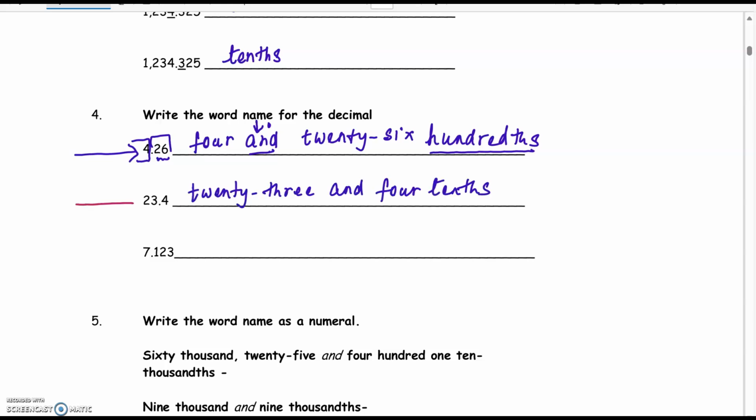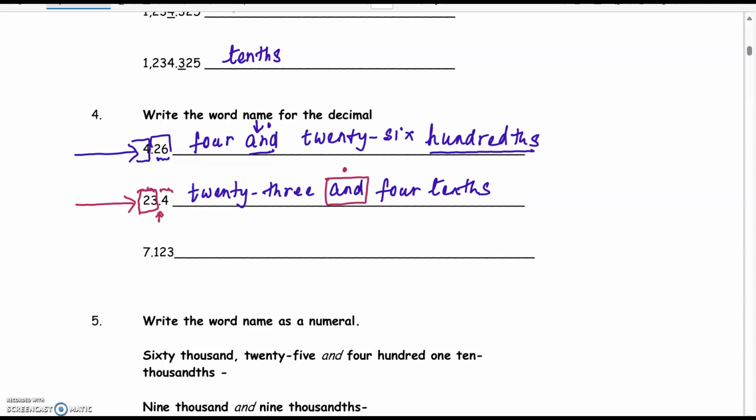Let's look at the next one. We have the whole number part, then the decimal point, and then the decimal portion of the number. So let's read the whole number first. It's just a 23. So we have 23. The decimal point is replaced by the word and.